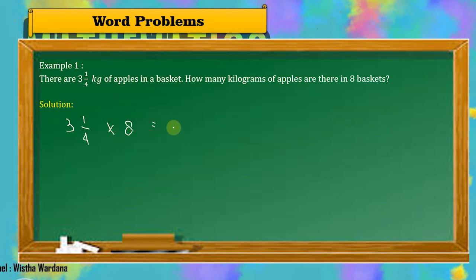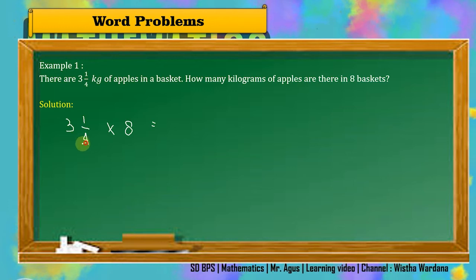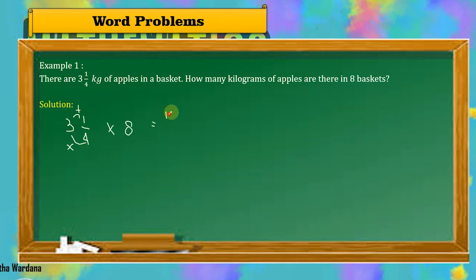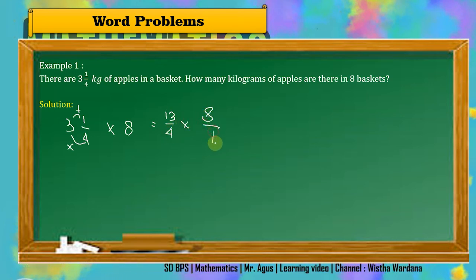Like I told you before, you can change the mixed fraction into an improper fraction by multiplying 3 and 4, and then adding 1. 3 times 4 is 12 plus 1 equals 13/4, and then multiply by 8/1.